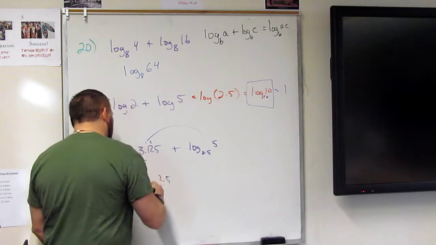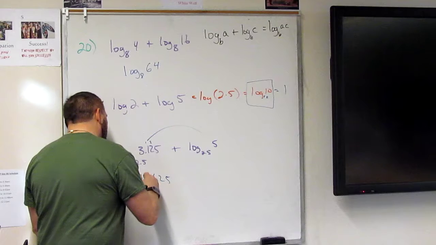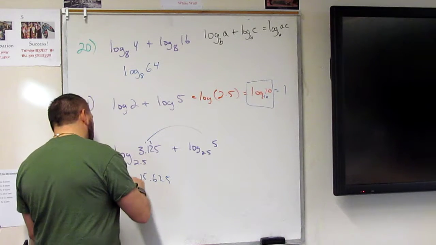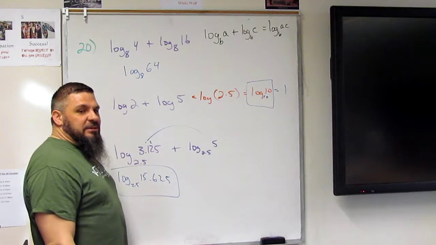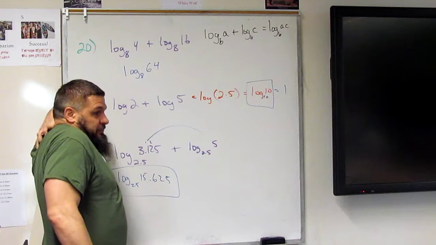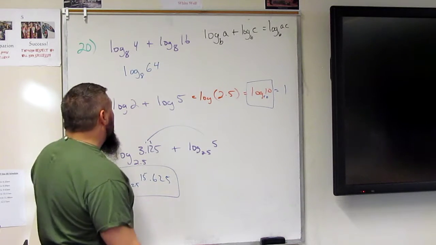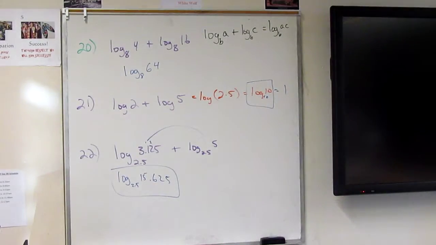That's 5 plus 1 is 6, and then 5 times 3 is 15. So we got log base 2.5 of 15.625. That's all they're looking for. Simple.